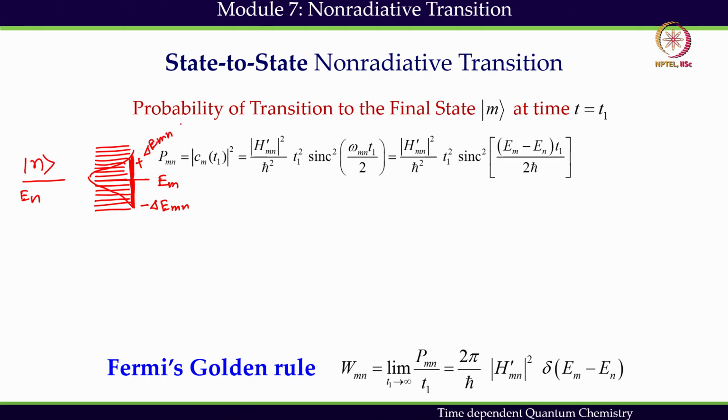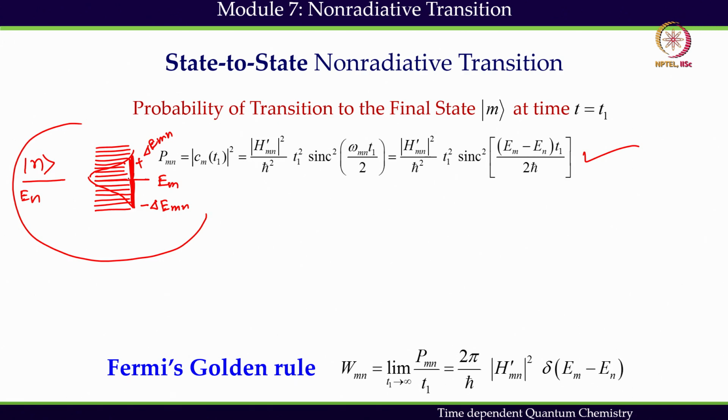They have to be within this bandwidth. This is all allowed according to this equation. All possible allowed transitions under this non-radiative process are these.